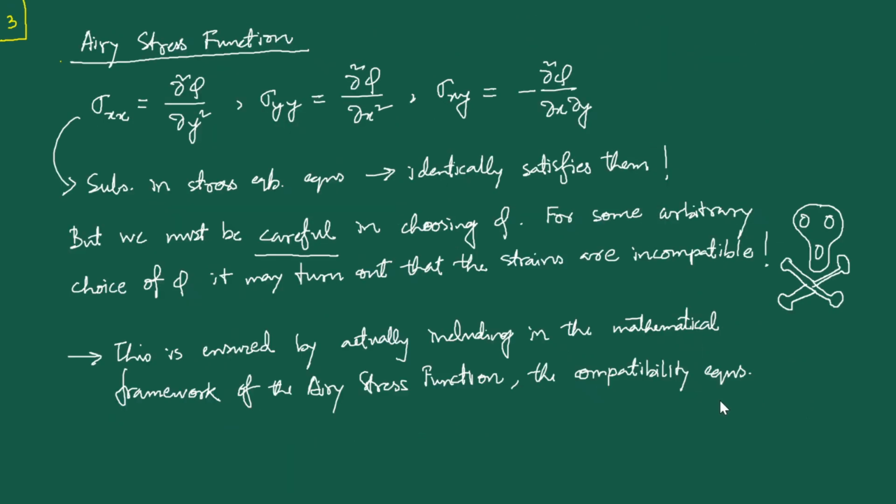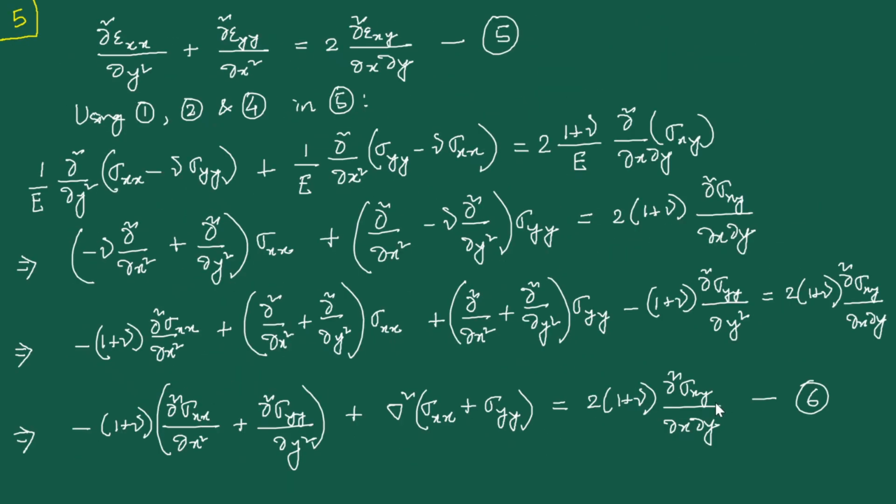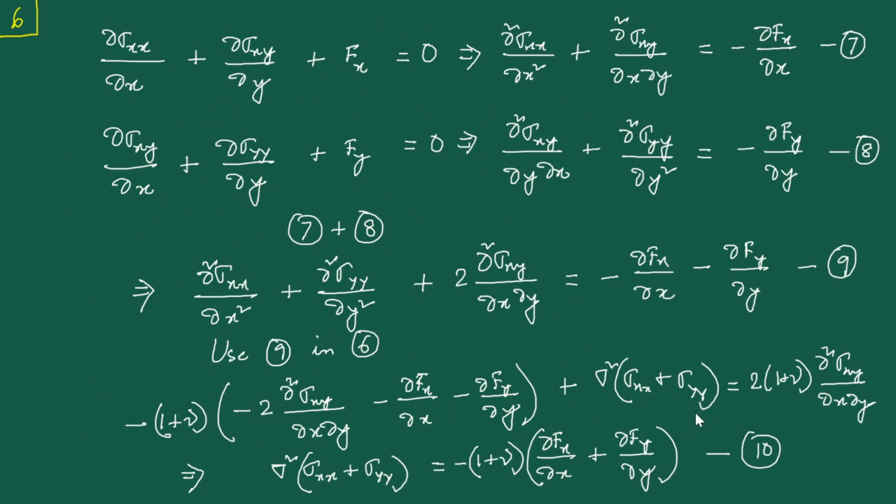Okay, so it works through a little bit of a special consideration, and that consideration is that for the Airy stress function to work, we say that these body force components fx and fy must be derivable from a potential function. So that seems like a rather complicated thing to say.